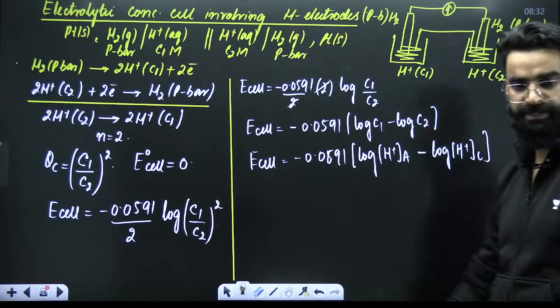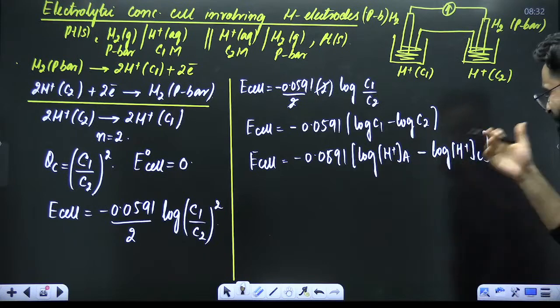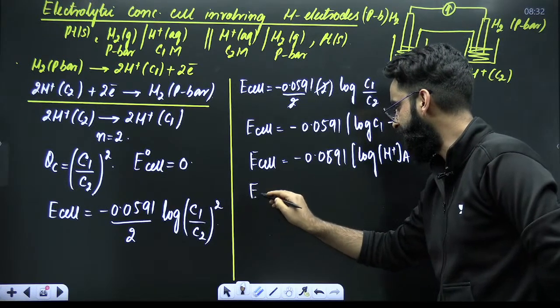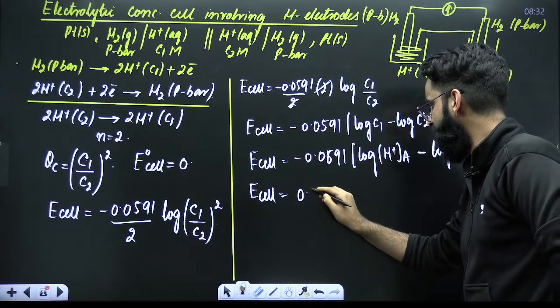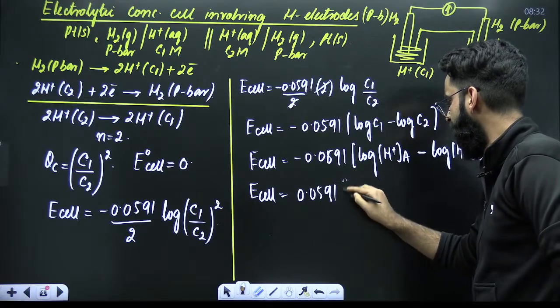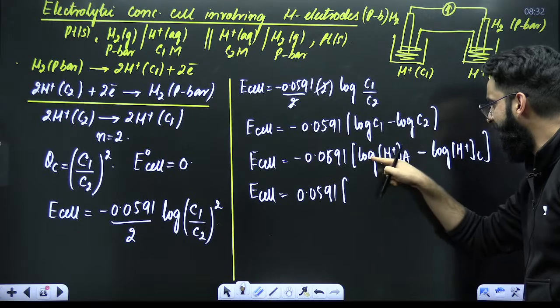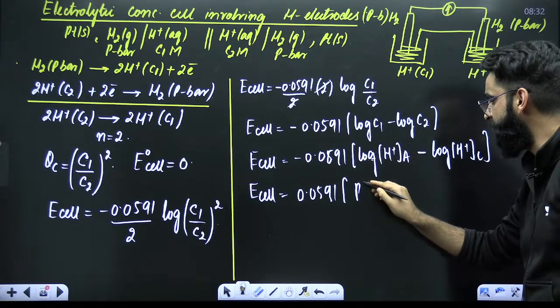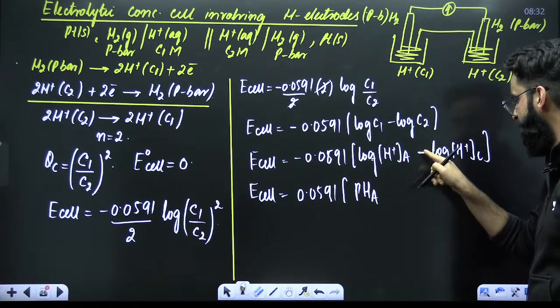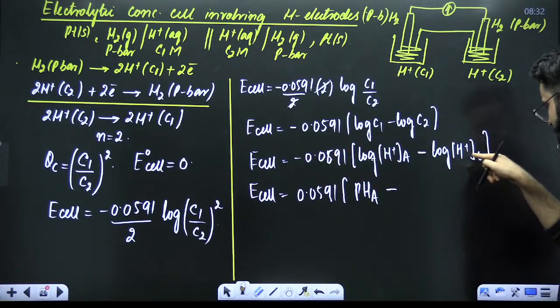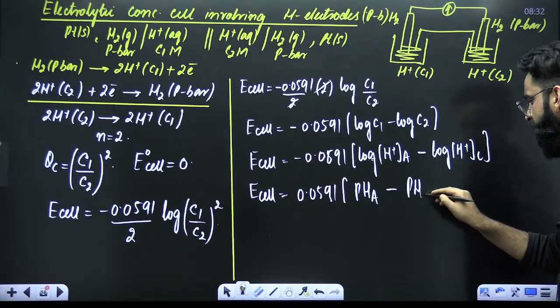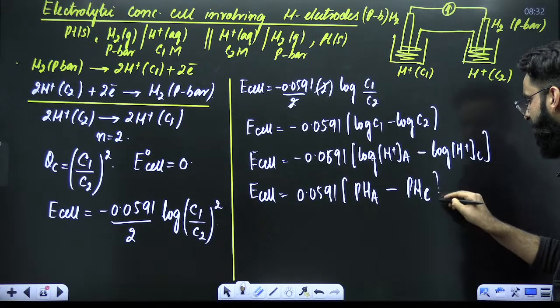Now, if I further solve it, I'll be getting something like this. E cell is equal, see, take this minus inside. It's going to be 0.0591, right? Now, it is minus log H positive. Minus log H positive means pH, but this is pH of anode. Similarly, this is minus in the middle. Take this minus inside. So, minus log of H positive, which is going to be pH. So, it's pH of what? It is going to be pH of cathode.